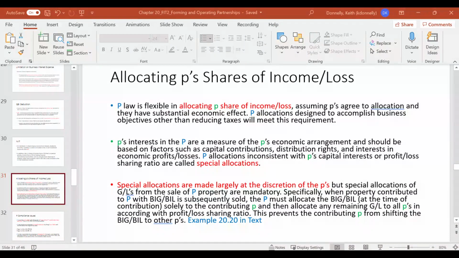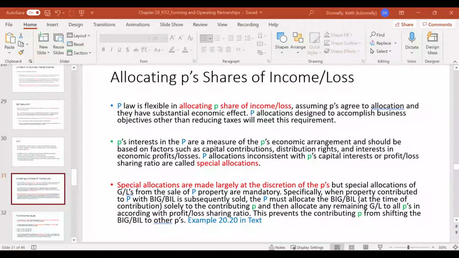Well, we know the partnership is going to have a carryover inside basis of what your basis in the item was, namely $75. So the partnership sold it for $200, has an inside adjusted basis of $75, and has a $125 gain. Now here's the deal.